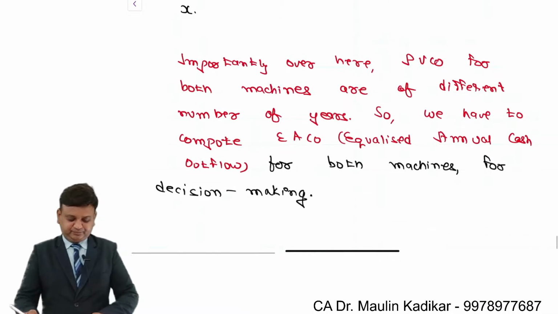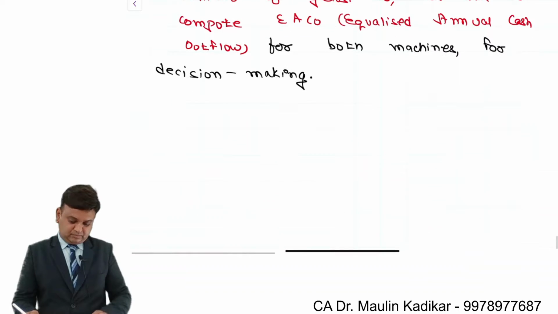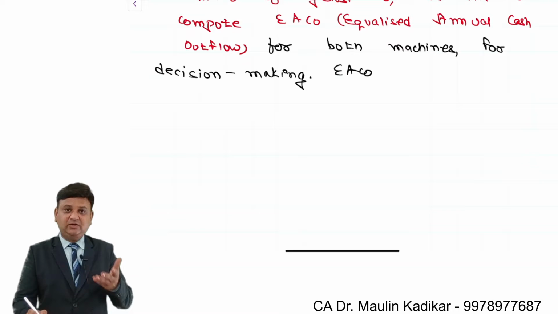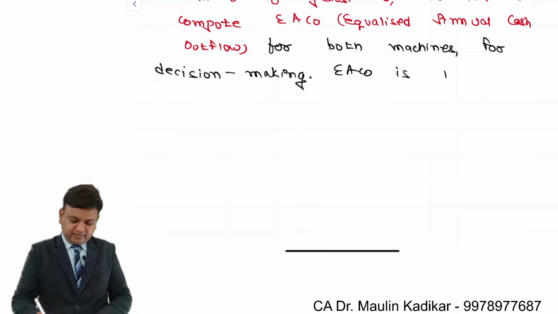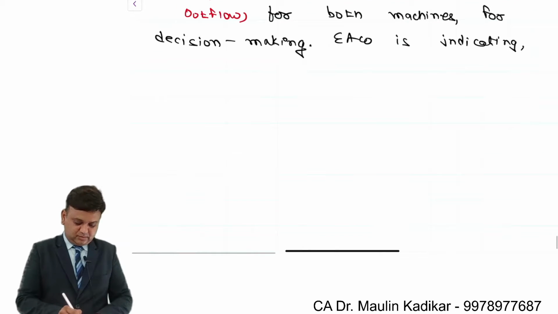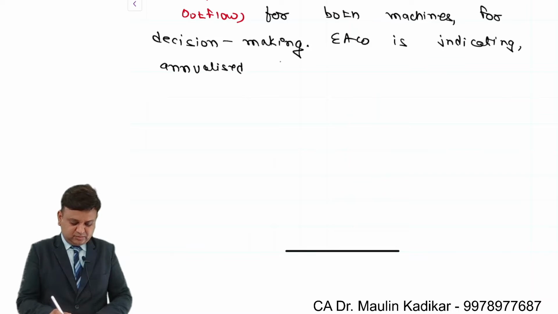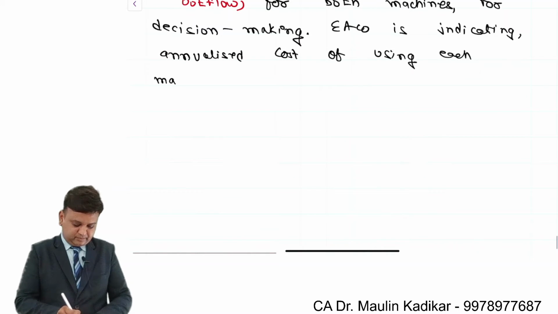Full stop. EACO, Equalized Annual Cash Outflow, is indicating the annualized cost of using each machinery. Full stop.